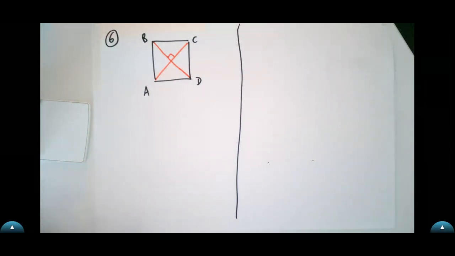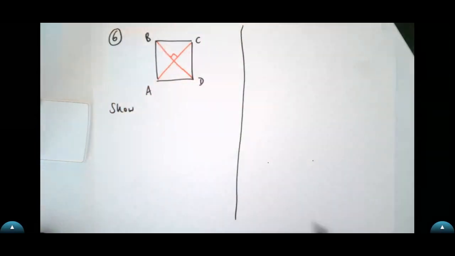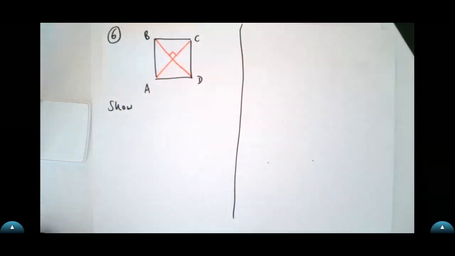All right, Ning Xiao, good question. It's question 6 from page 73. Question 6, page 73. All right, so we want to show that there's a right angle here.